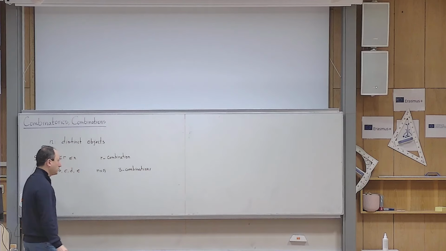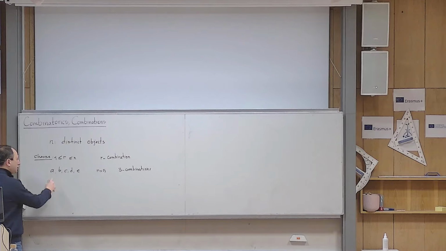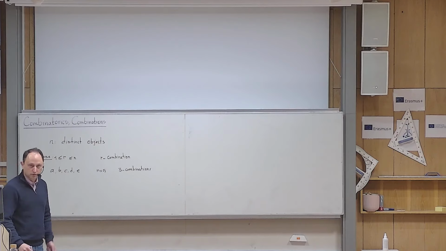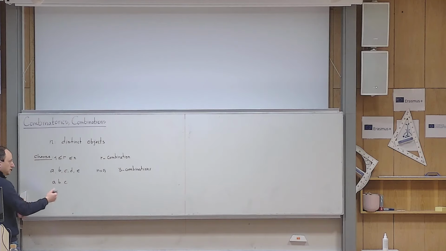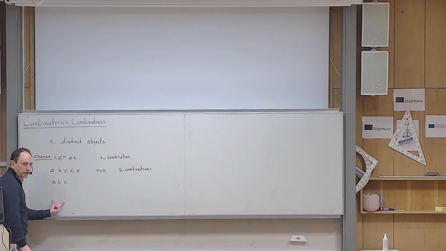What do I mean by this? I mean, first you have to choose 3 items and write them once, no matter in which order you write them. So for example, if I take A, B, C, in 3 permutations, I choose A, B, C, but I start considering all possible arrangements.